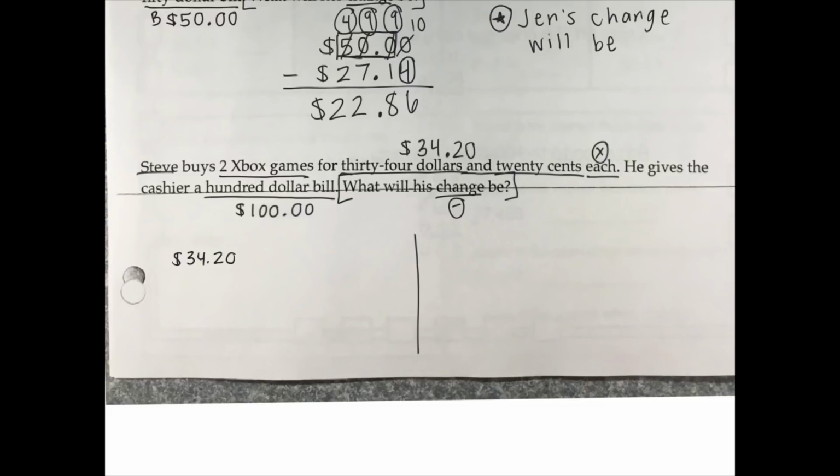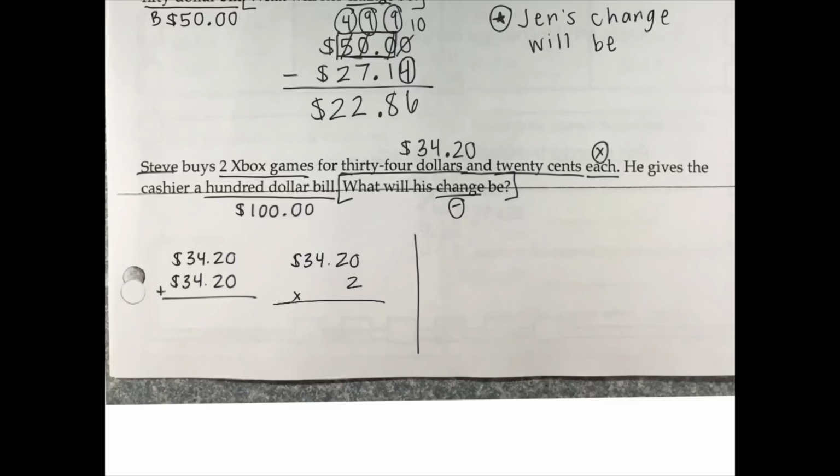And then that's one game, and we could add the other game, $34.20, and we could add that up to get our answer. Or a faster way to do it, this is repeated addition, $34.20 2 times. So I could also do it as multiplication, $34.20 times 2.